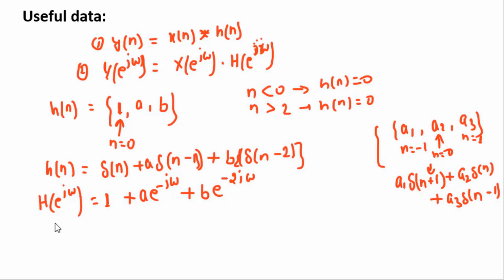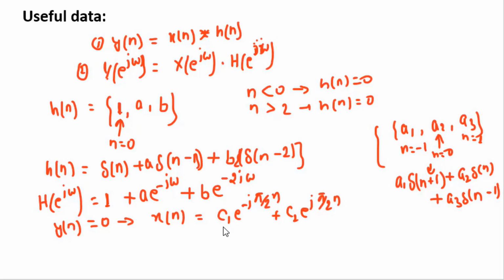So you are given that y of n is 0 for input x of n equal to c1 e to the power minus j pi by 2 n plus c2 e to the power j pi by 2 n.